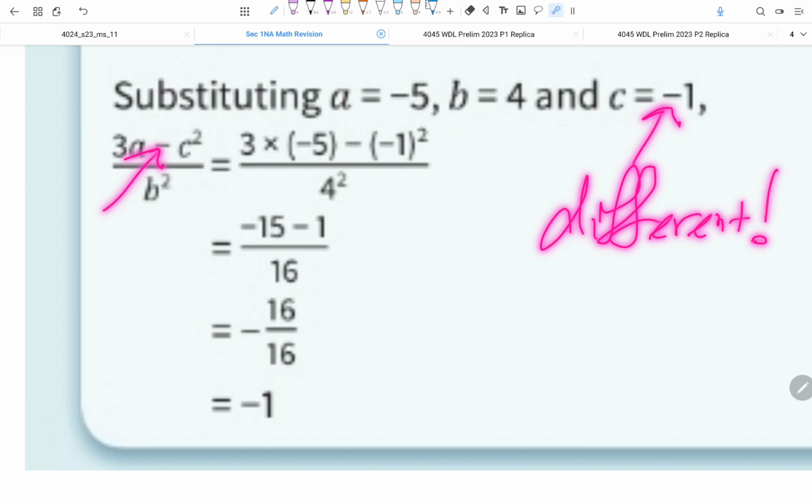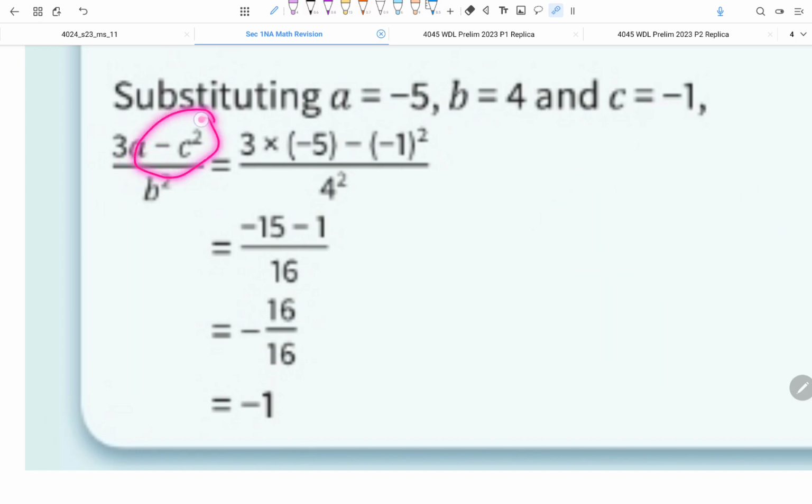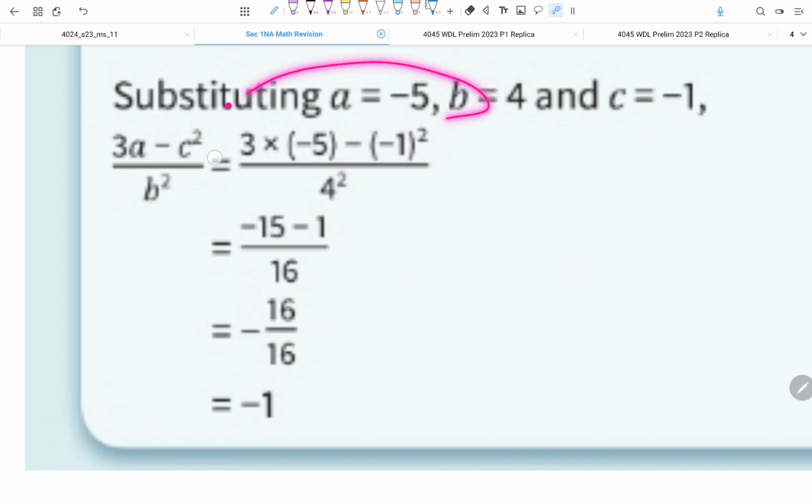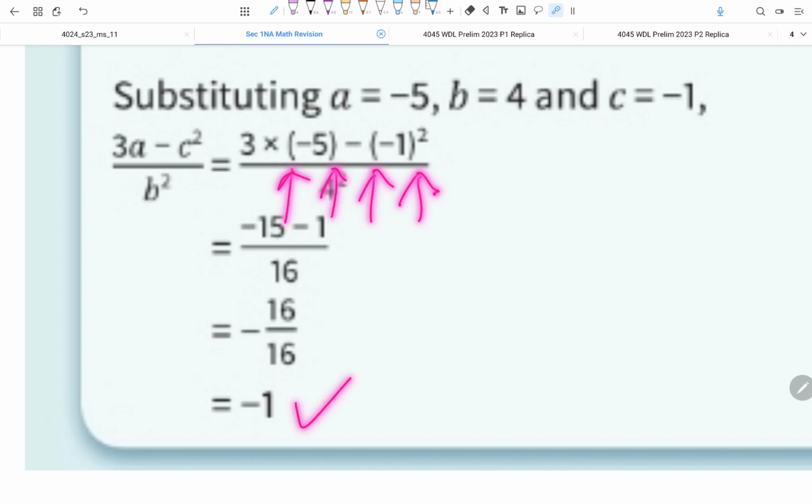So when you write a minus c squared, the minus is still outside of the bracket. Now, the square is there. Inside the bracket, you put the minus 1. Now after this, you press calculator exactly what you see, together with the brackets, exactly where they are placed, and you will get this answer.